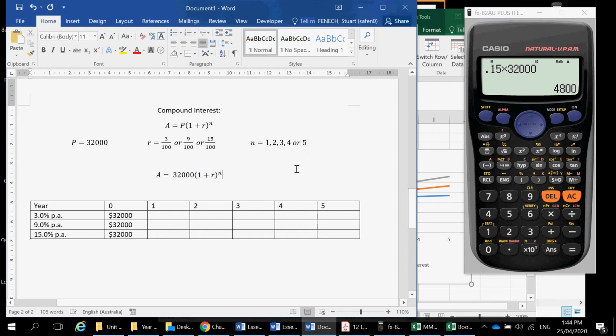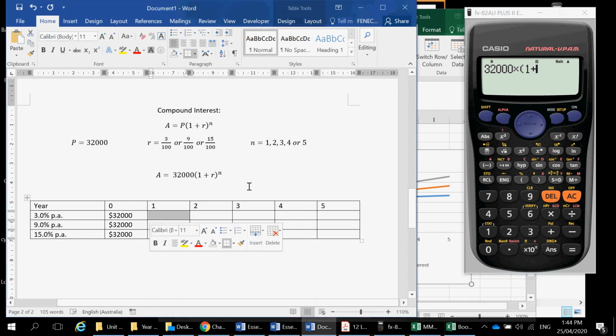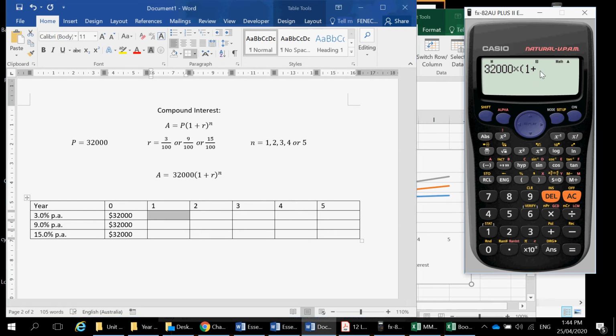So essentially I'm plugging values into that formula. 32,000 times 1 plus, looking at this cell first, it's 3% there, so 3 over 100, to the power of 1 because it's just at 1 year.